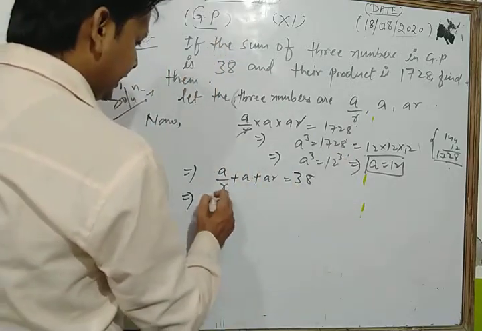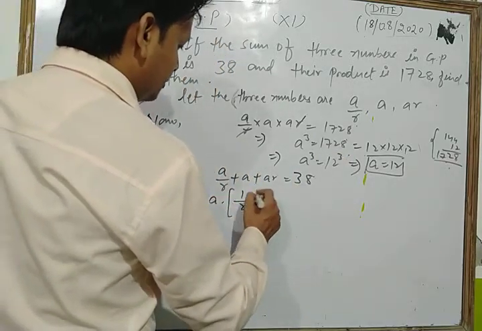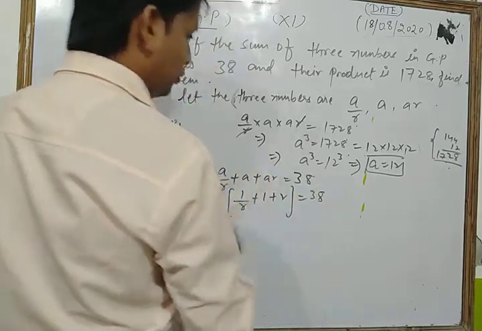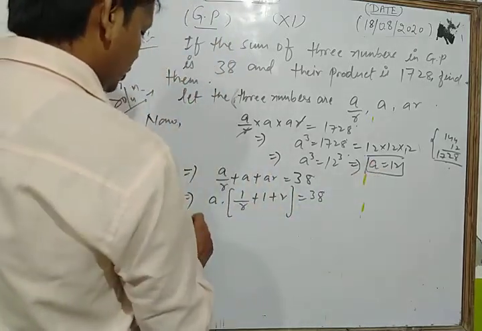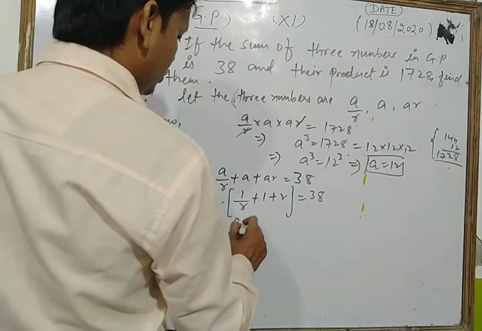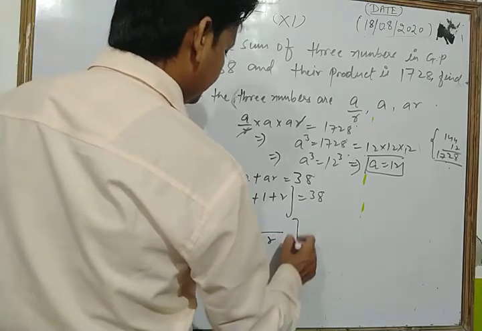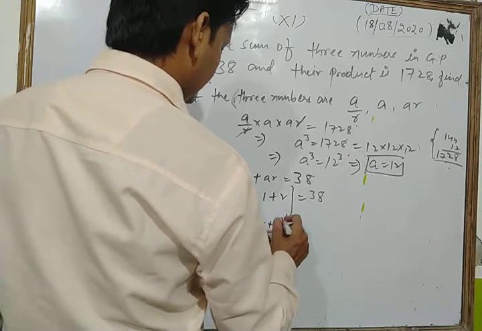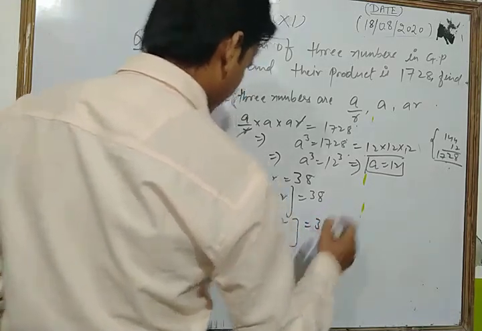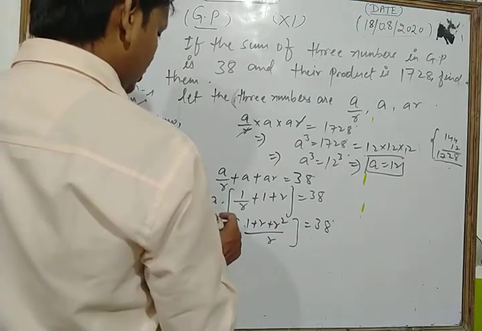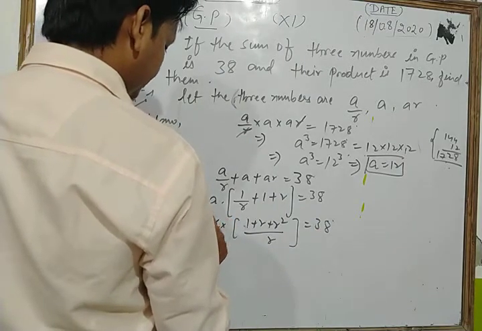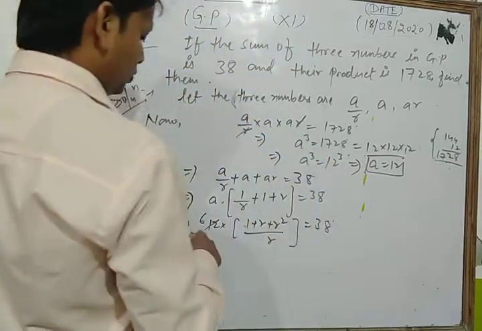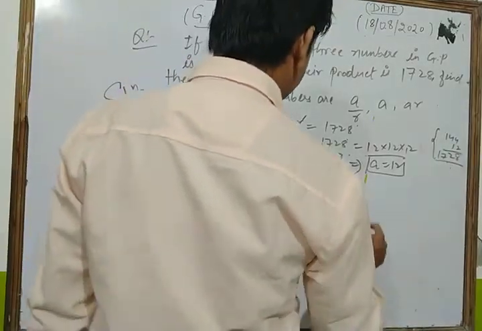Now we take a as common, and 1 upon r plus 1 plus r is equal to 38. We put the value of a as 12. So here we get 12 into, taking r as LCM, 1 plus r square upon r is equal to 38. Now 12 6s are 12, 2 2s are 6, 2 19s are.